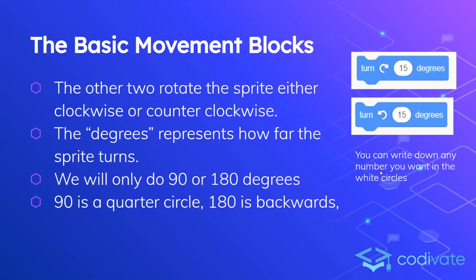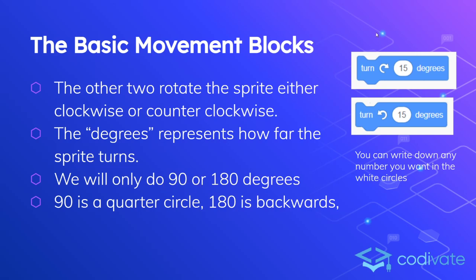The other 2 blocks, the turn blocks, are a little bit more complicated because they have to deal with degrees, and you likely don't know what degrees are in your grade level. So I will basically explain just the 2 main numbers on degrees. If someone asked you to turn to the right, if your teacher said, turn to the right, you would do what we call a 90-degree turn.